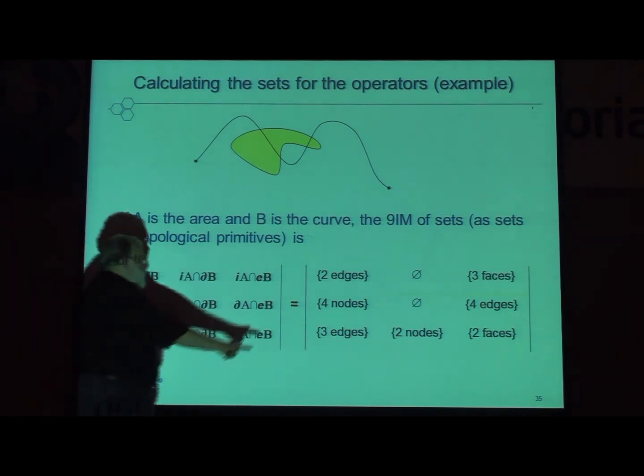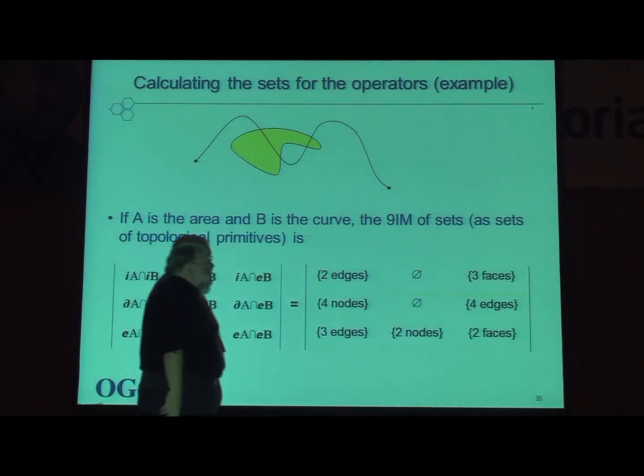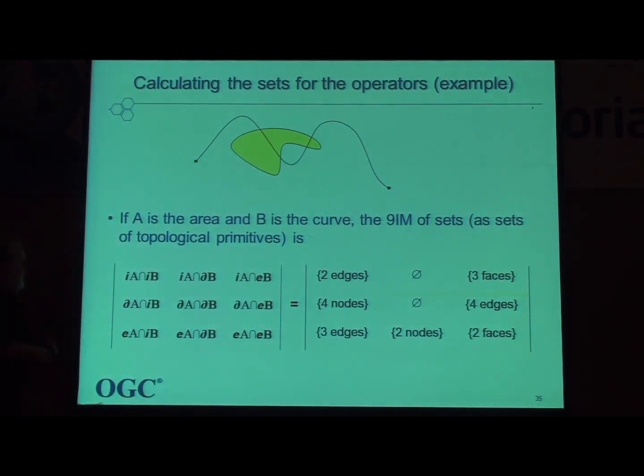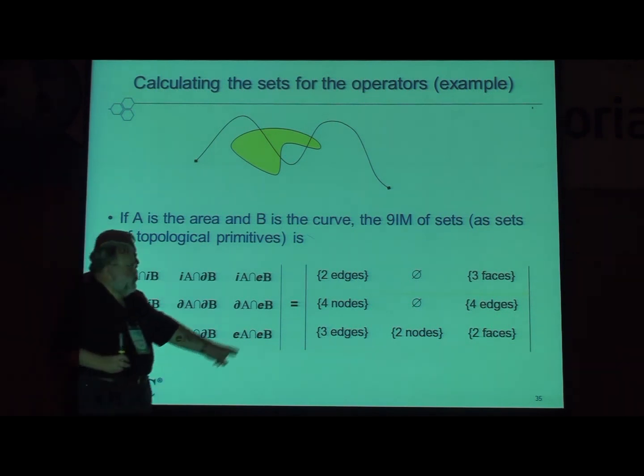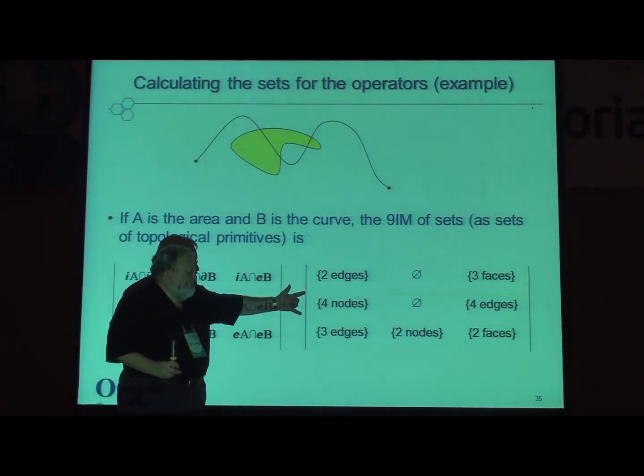So that's 2 edges right here. The boundary of A is the boundary of that yellow thing. The interior of B is that curve that crosses it. So if you intersect those things, you get 4 nodes. And what's left turns out to be 3 edges. And if you add these things up together, you get 5 edges and 4 nodes.